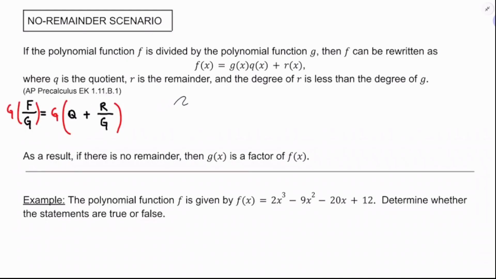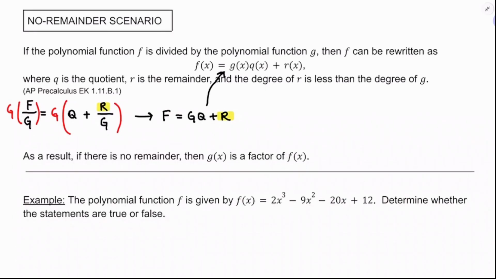And that will leave me with f equals g times q plus r, which is where we get this from. Now, in the situation where r is 0, like we got no remainder in our long division, that would mean that f could be rewritten as g times q, which means that g is a factor of f, and q is whatever we're left over with when we factor it out.